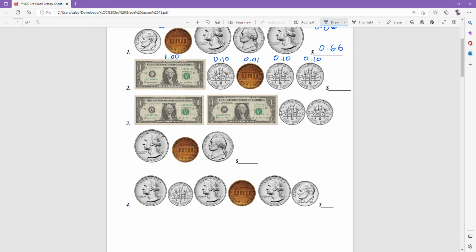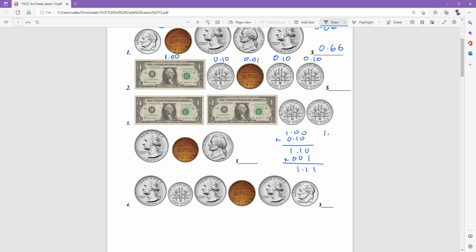So 1 plus 0.1, that'll equal, write that down here. 0 plus 0 is 0, 0 plus 1 is 1. We're going to bring the point down, 0 plus 1 is 1. And we know what 1.1 plus 0.01 is, and that's just 1.11.